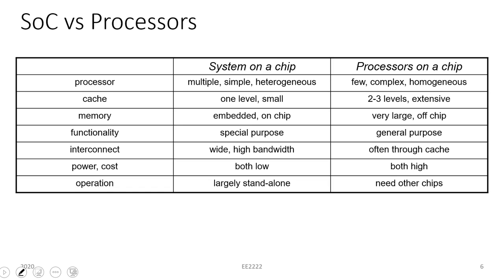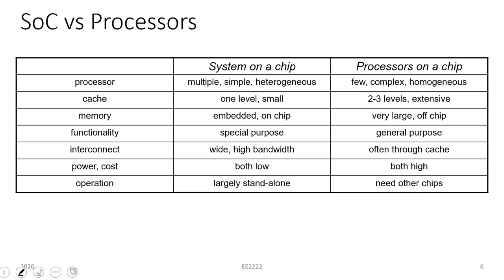Some may be built for audio, some for networking, some for graphics processing. The functionality may be geared towards a special application, whereas most general processors are aimed at general purpose use.